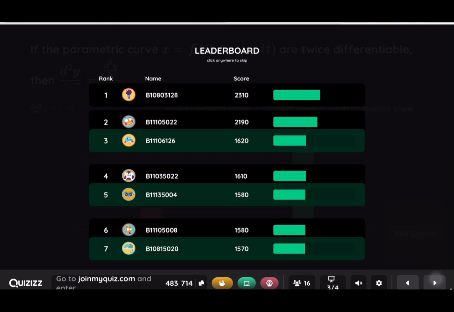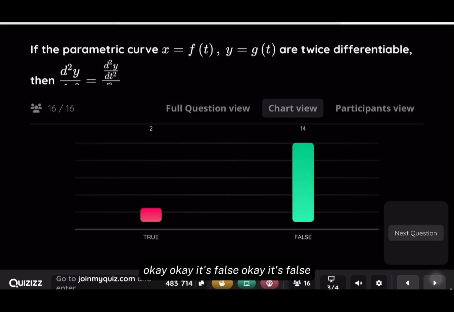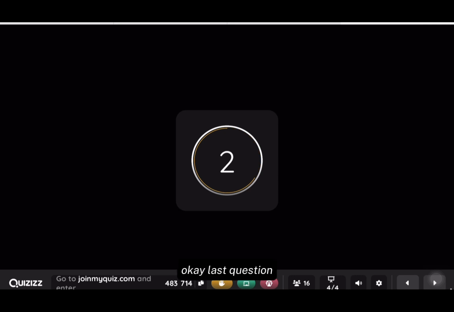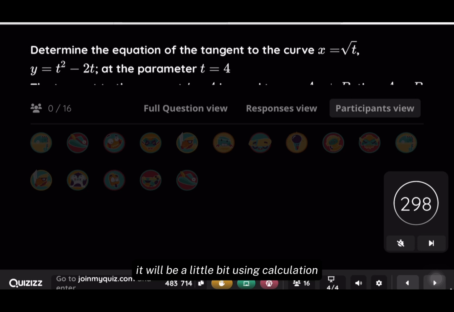Okay, it's false. Okay, last question. It will use a little bit of calculation, the same way we did in the exercise just before the test.